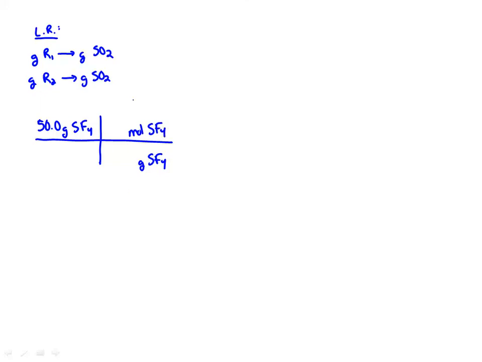So here's our molecular weight. I'm not even going to put it in yet, mostly because I don't have it calculated. Oh, I do have it calculated, 108.07. And then the next step is always a mole-to-mole ratio.